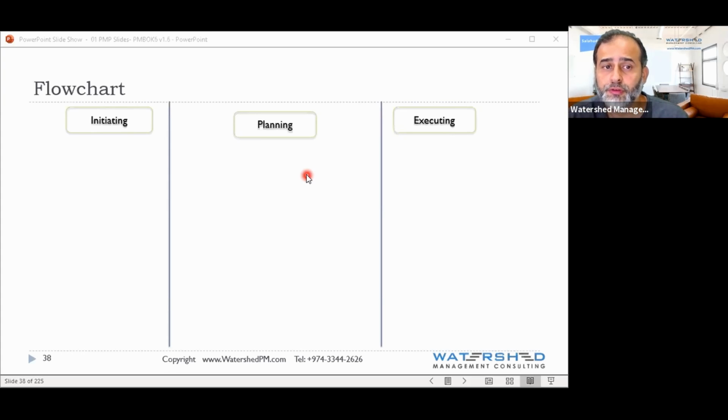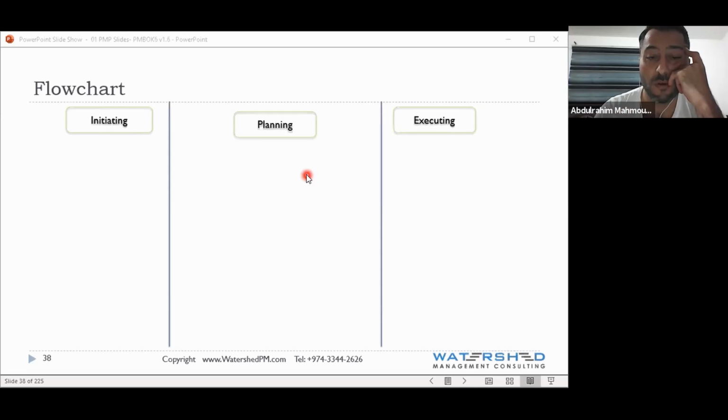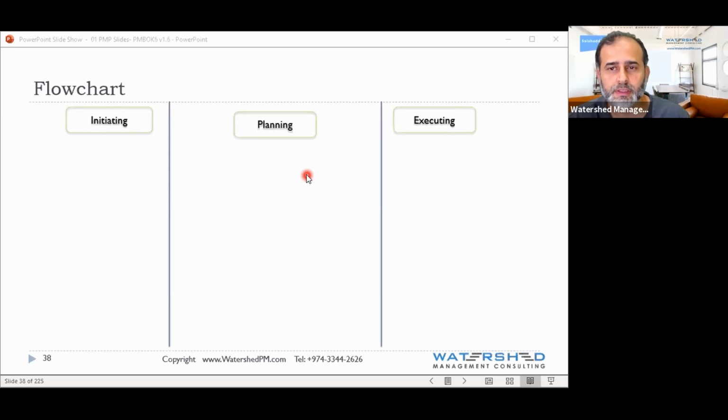Question: which knowledge area do you think you should start with first? Where do you think you should start your planning? Scope. Okay, that's one answer. Anybody agrees or has any other idea?